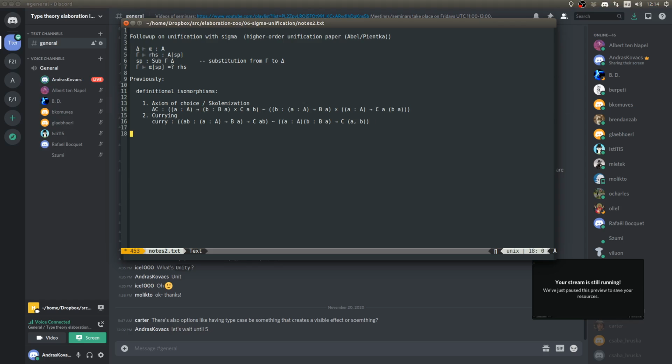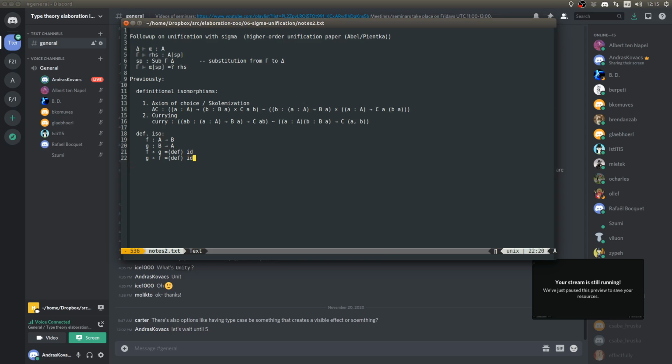So you have this, and a nice property of a definitional isomorphism is that, just to do a bit of a refresher, a definitional iso is like a function f from A to B, and then a function g from B to A, such that fg is by definition ID, and gf is by definition ID.